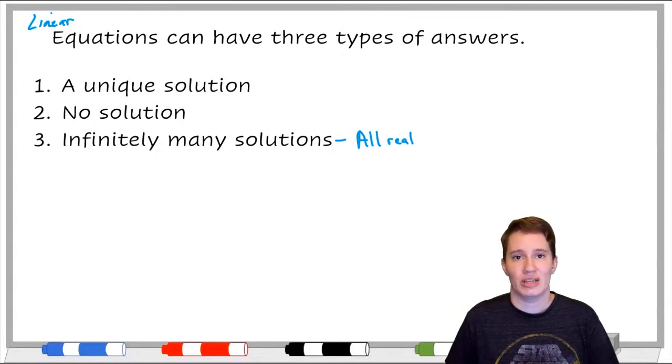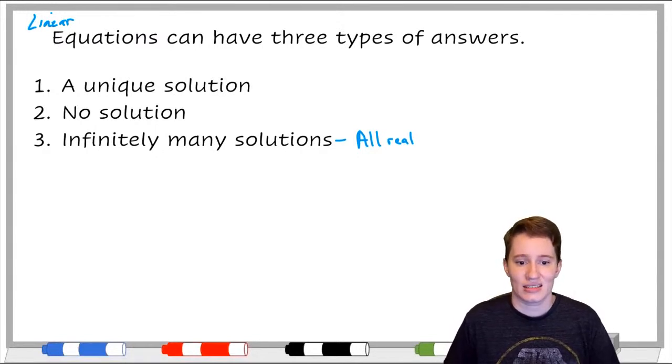So infinitely many refers to the idea that there's a lot, right? Too many to count. Infinite means too many to count. Infinitely many solutions means there's too many solutions to count. And that actually is because for these types of equations, you could literally pick any real number and it would work.